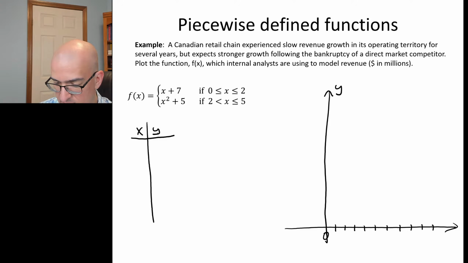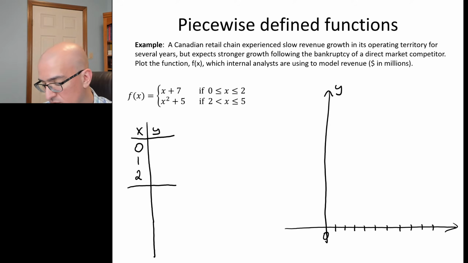So my x value, it says that the function is equal to x plus 7 for all x values between 0 and 2. So I'm going to put a 0, a 1, and a 2. Those are the integer x values between 0 and 2. There's others, but let's just leave that alone. Let's just use integers to make our lives easier. And then for the next piece, it says that the function is given by x squared plus 5 for x values between 2 and 5.